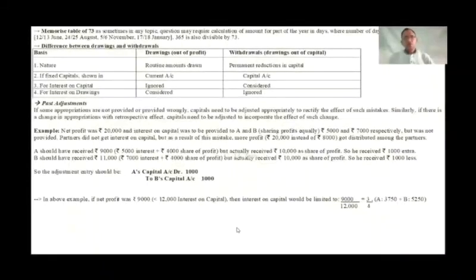That means all appropriations will be given limited to 3/4 amount. So A will get 3/4 of 5,000 as interest on capital, which comes to 3,750. B will get 3/4 of 7,000, which comes to 5,250 as interest on capital.